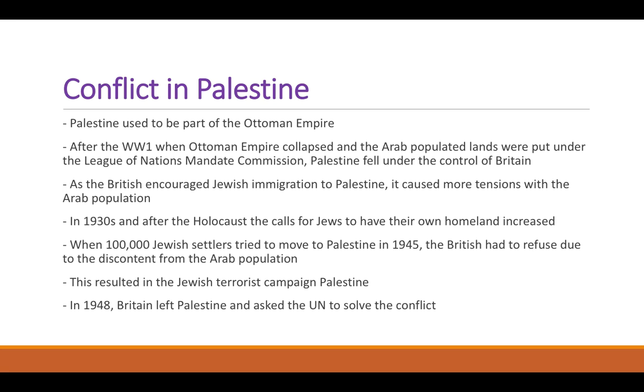The British somehow had to put a stop to this, but it turned violent. There was a terror attack against British officers in Palestine. Yes, there was a Jewish terrorist campaign against the British, and the Arabic population started fighting back.